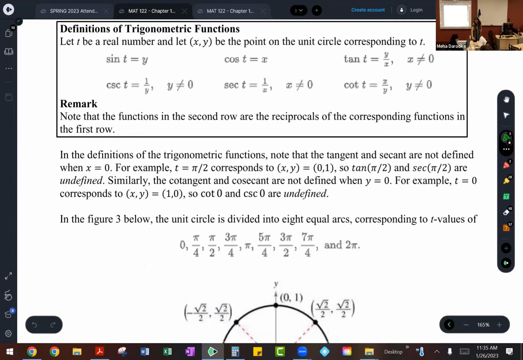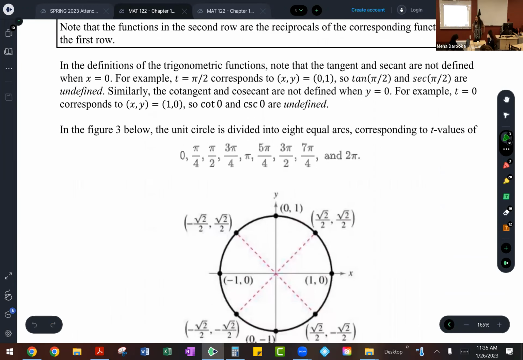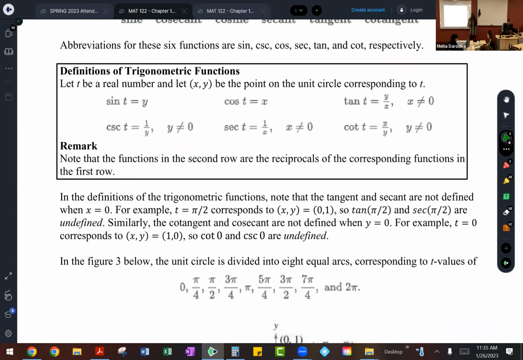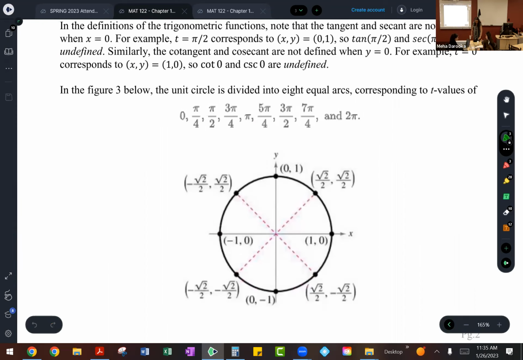And then we had also talked about how, depending on the way the definition is given to you, depending on what is on the denominator, if you have y values or x values on the denominator, for certain angles they are going to be undefined, because again, you still cannot divide by 0, just like we talk about in algebra.